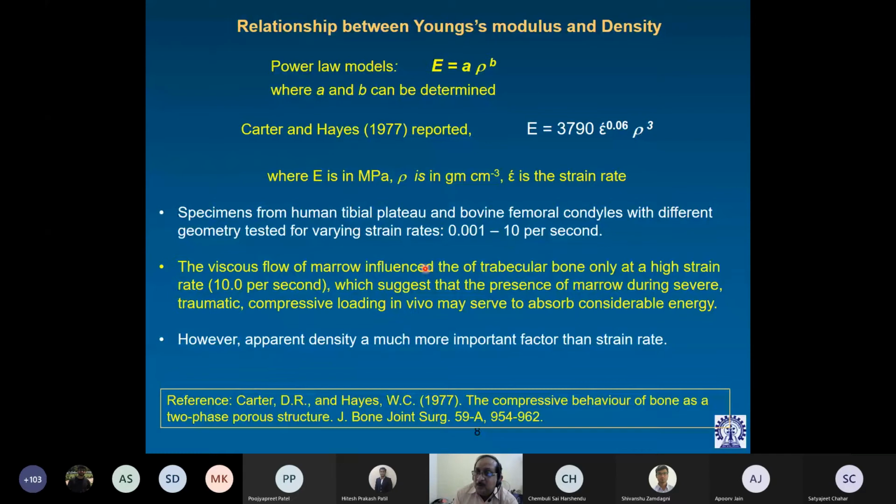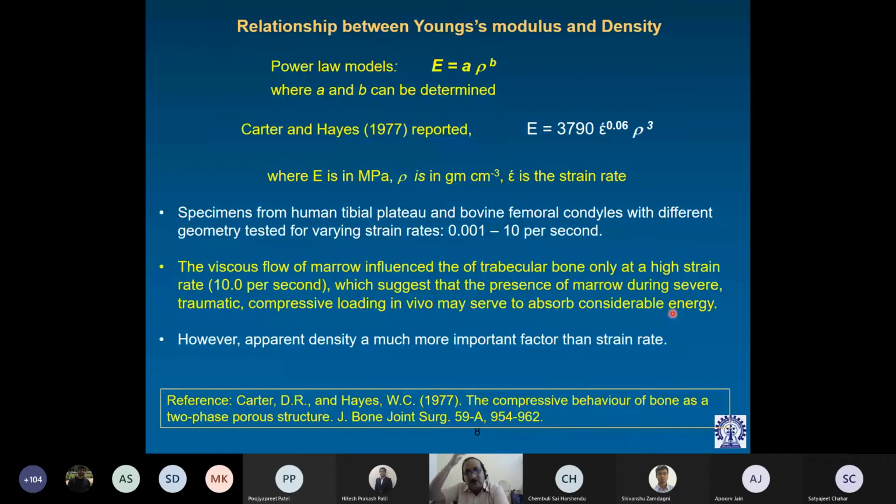What was observed was that the viscous flow of marrow influenced the trabecular bone only at a high strain rate. So the viscous flow of the marrow basically influences the trabecular bone property at a very high strain rate, that is 10 per second, which suggests that the presence of marrow during severe traumatic compressive loading in vivo may serve to absorb considerable energy.